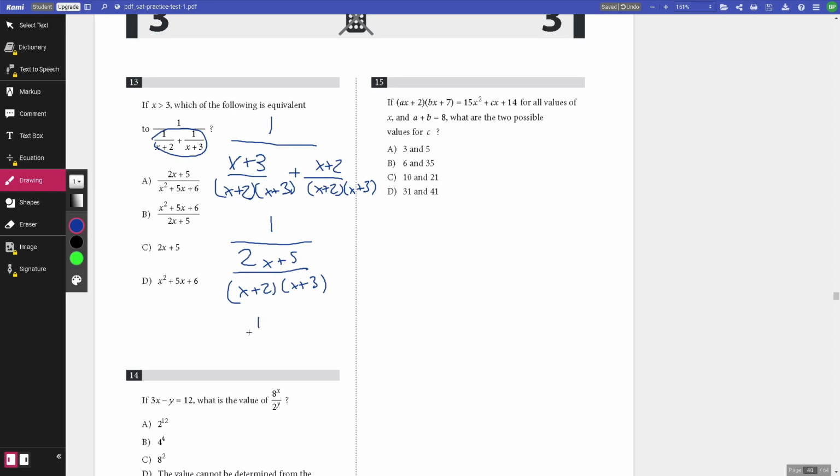So it's 1 over 2x plus 5 over, and then distribute that, get x squared plus 5x plus 6. Now we just flip it, becomes this one. Flip this equation, since it's 1 over that expression.